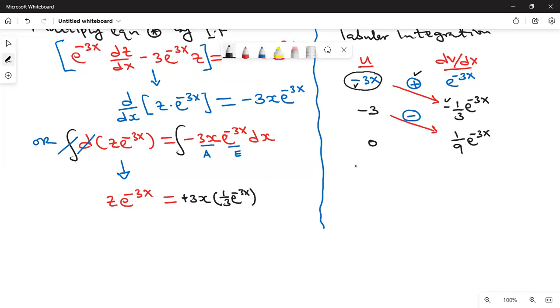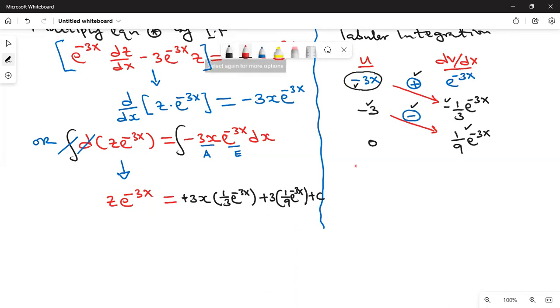Then here, this negative times negative 3, that's positive 3 times 1 over 9. So we have another one, positive 3 times 1 over 9 exponential negative 3x plus a constant c of integration.